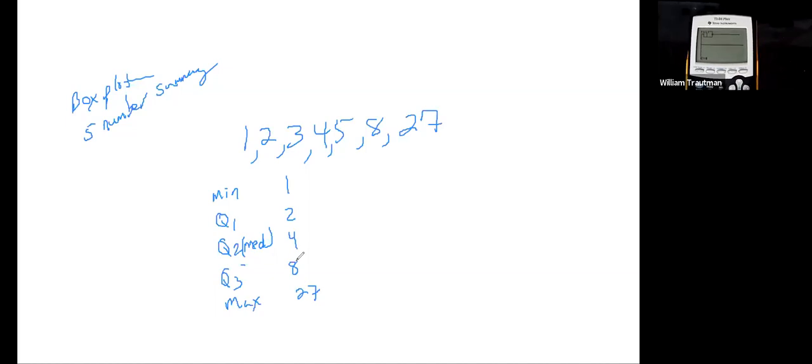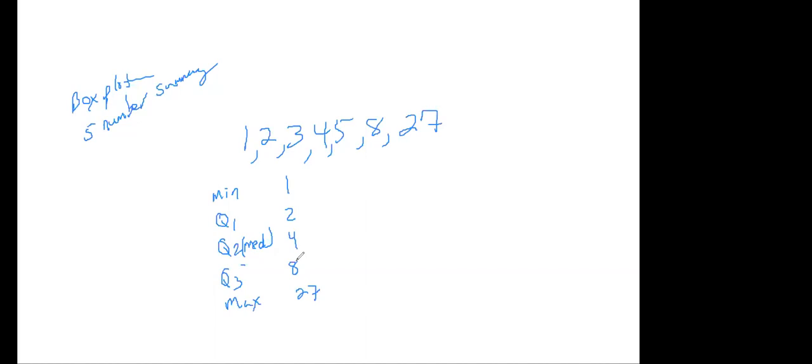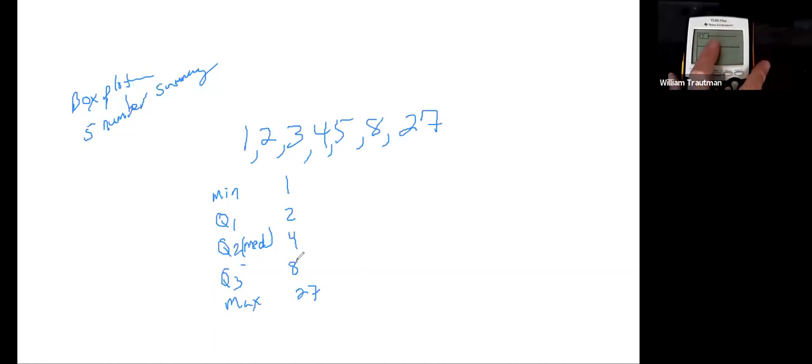The max has to be higher than 27. Yeah, 0 to 30, that's what I did. It should look something like the picture I have here. Did everybody get 1, 2, 4, 8, 27 when they went through the 5-number summary?